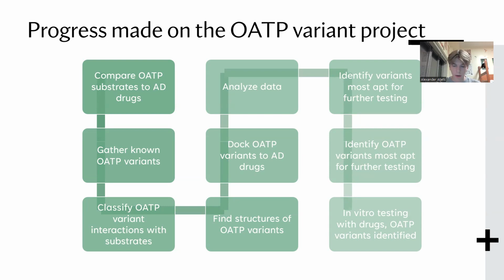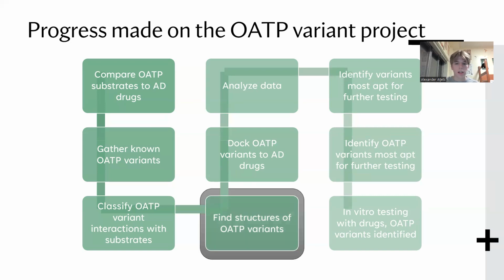That shouldn't say OATP variants, that should say drugs must act for further testing on one of those. And after that, we can proceed to in vitro testing with the drugs and variants identified.